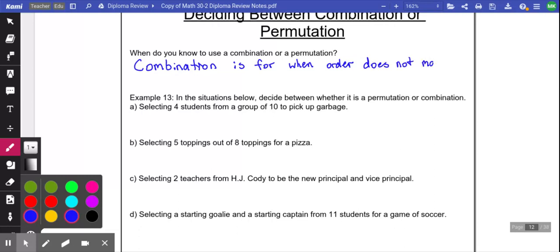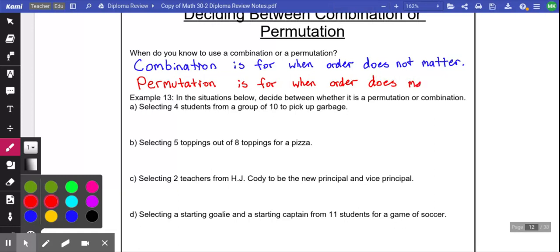So if you're in a question and the order in which you pick things doesn't matter, that's called a combination. A permutation is a question in which order does matter. So permutation is for when order does matter.